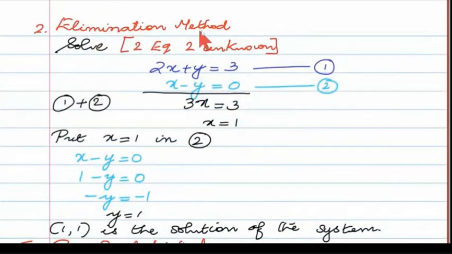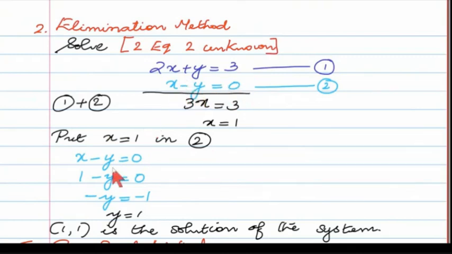Next method is the elimination method. So we are given two equations and two unknowns. Our aim is to eliminate one of the variables from these two equations. How can we eliminate a variable? We can add these two equations. We will get 3x equal to 3. So from this we will get x equal to 1. So we can put x equal to 1 in equation 2.